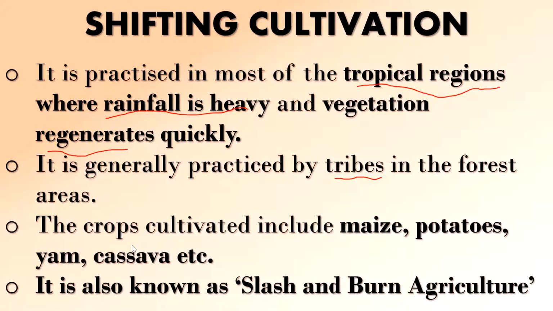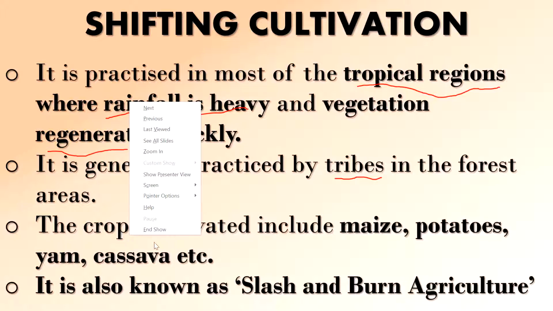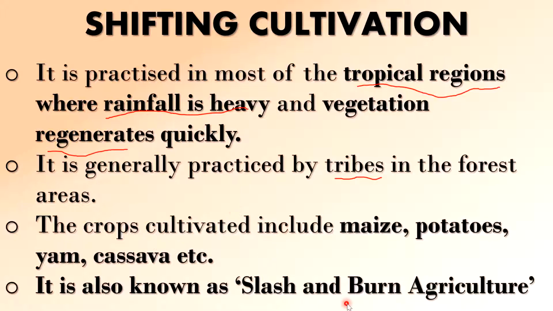If we remember, we also learned about shifting cultivation in 7th, right? In which we came to know about its name as slash and burn agriculture. So basically primitive subsistence farming is also known as simple subsistence farming, and shifting cultivation is also known as slash and burn agriculture. So we also learned it in 7th if you try to recall.